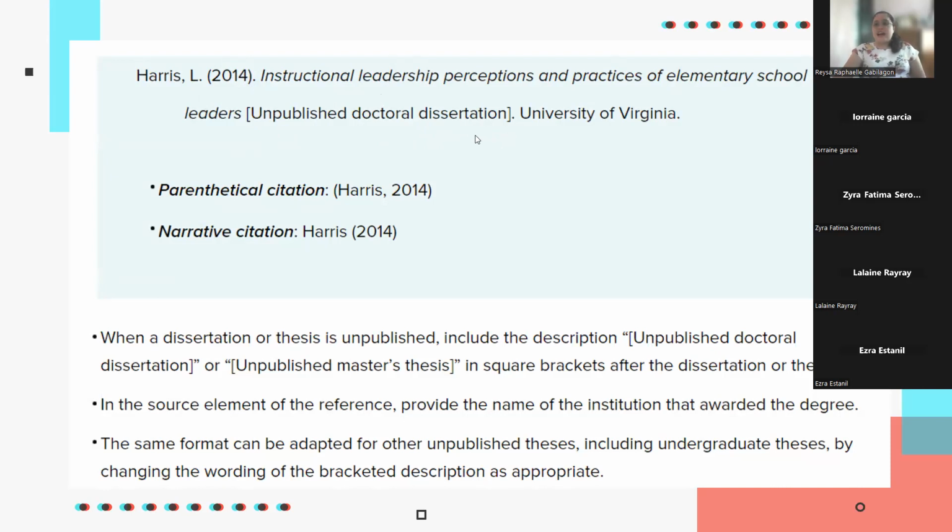Depende sa source ninyo. And then this time, nakahiwalay, period, the name of the university or the school kung saan ginawa yung thesis na yan. So most likely, ito yung ating susundin kasi marami tayong ganito, mga unpublished thesis or dissertation.